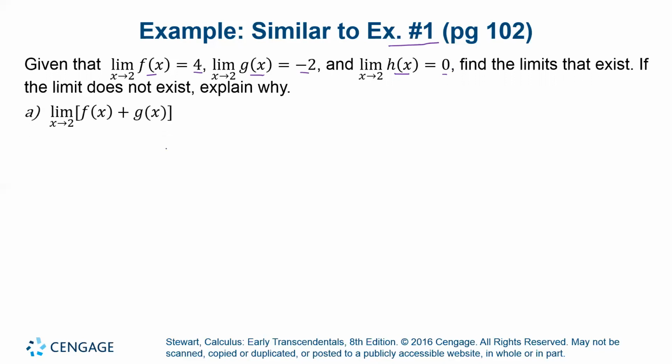Okay, so if I have this, then this is the same as the limit as x approaches 2 of f of x plus the limit as x approaches 2 of g of x. According to this, it is law number 1.